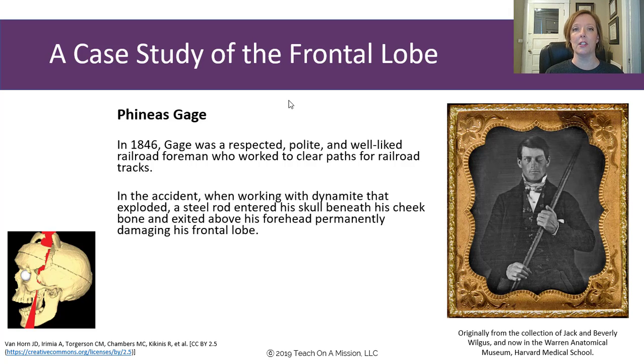As legend has it, one day he was working and clearing out areas with explosives, and an accident happened, and as a result, the tamping iron that you actually see in the portrait with Phineas Gage was shot through his head, okay? Apparently he had his mouth open and it shot up through the roof of his mouth, back behind his eye, and out of his frontal lobe, all the way out.